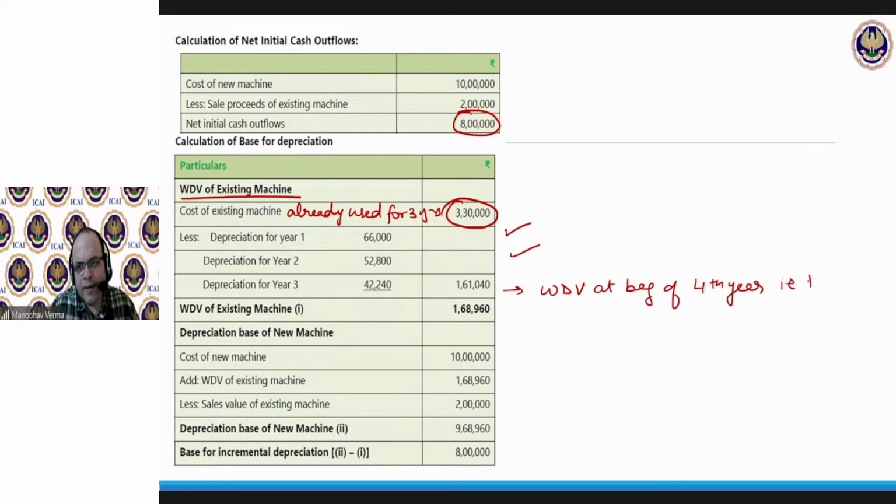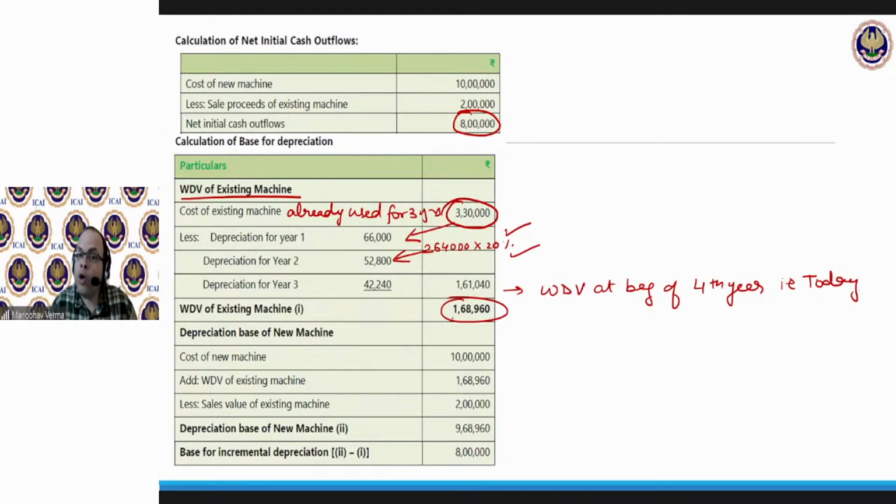That is today. That happens to be 1,68,960. So 330, I guess we are getting 20%, 264,000 into 20% will give you 52,800 and so on. Everyone knows how to calculate the WDV depreciation.